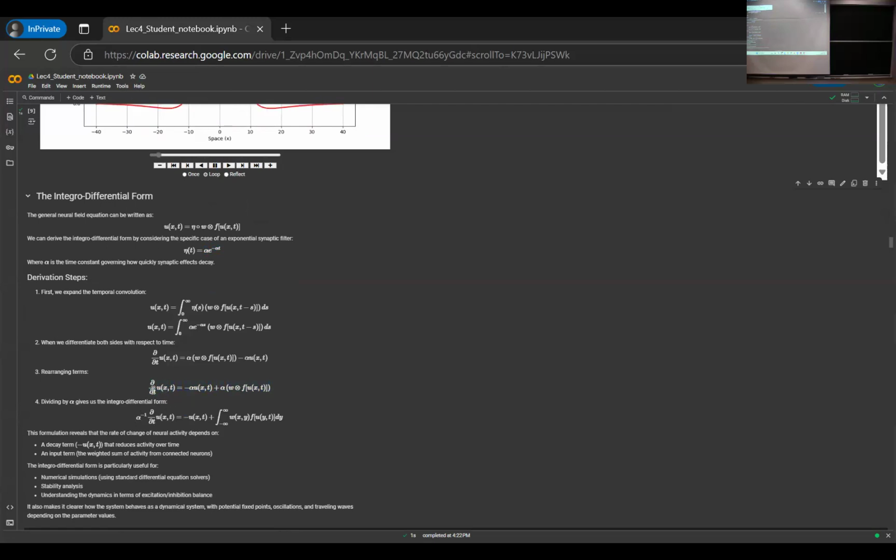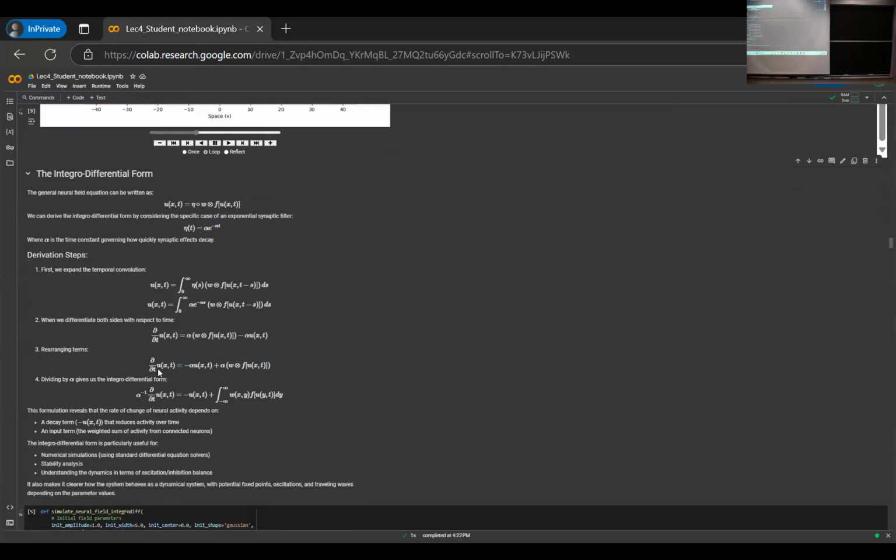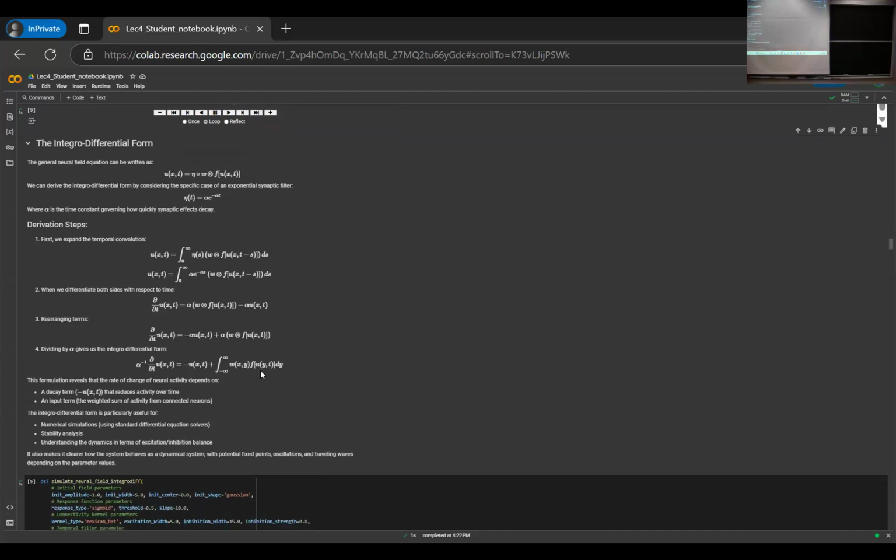We can describe the field as a dynamical system where the rate of change is determined by the value itself plus the contributions from surrounding regions of activity.